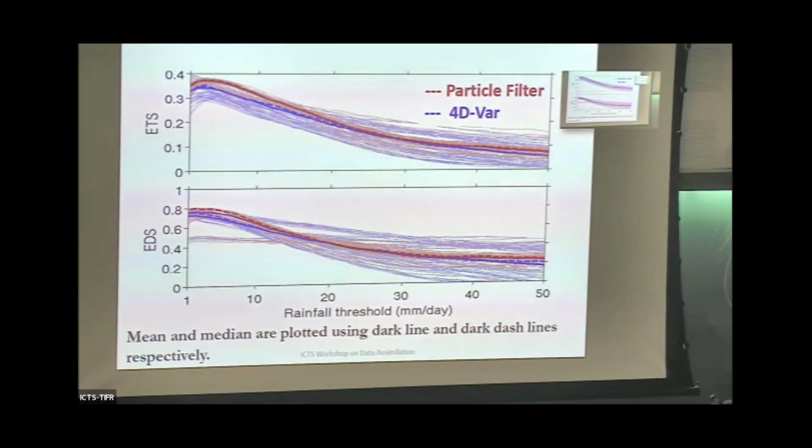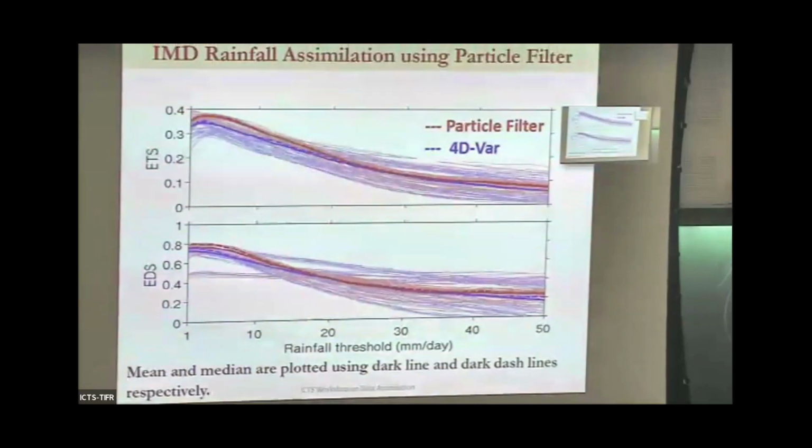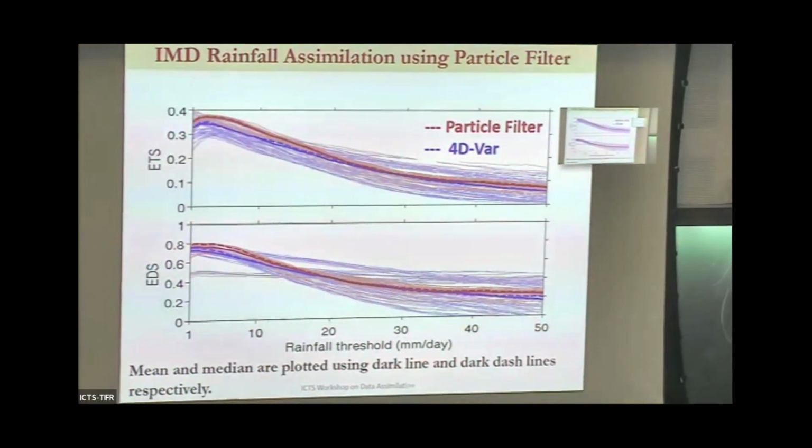At the end of my time window, I assimilate the rainfall, come back using the adjoint model, and adjust my basic parameters based on the control variables I have in my model. Normally we use temperature, moisture, pressure, winds. Then again we do some correction, and iteratively we assimilate that.